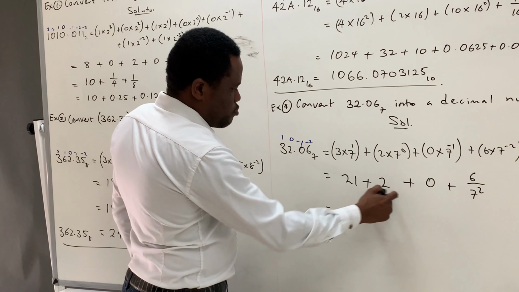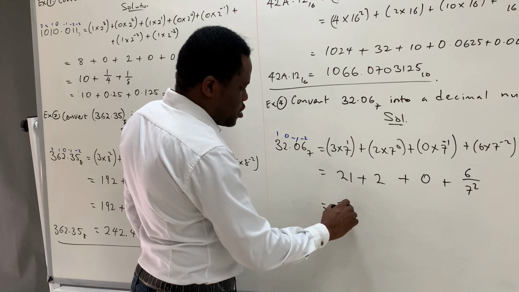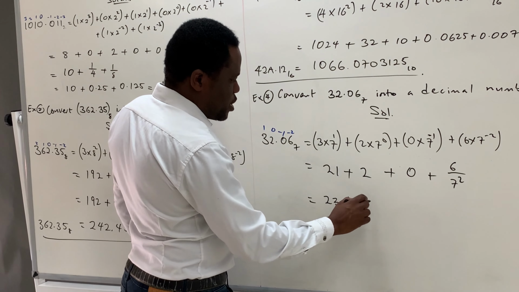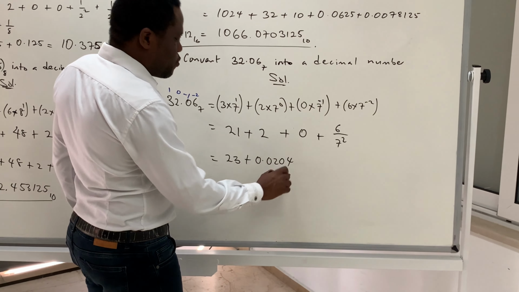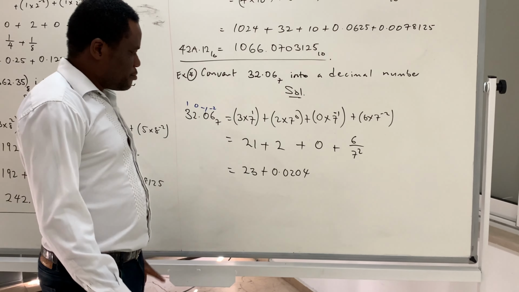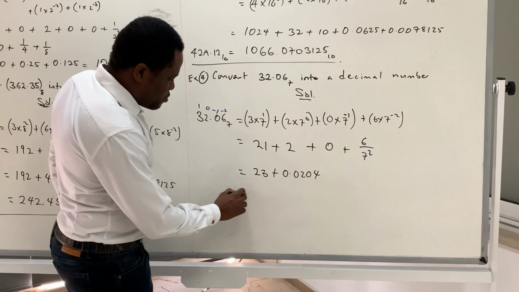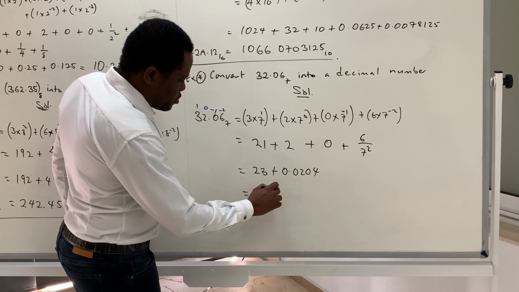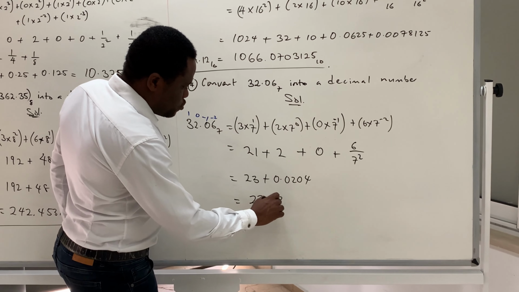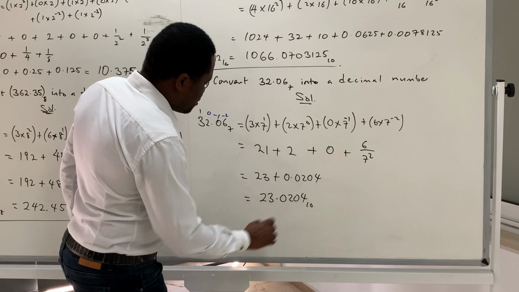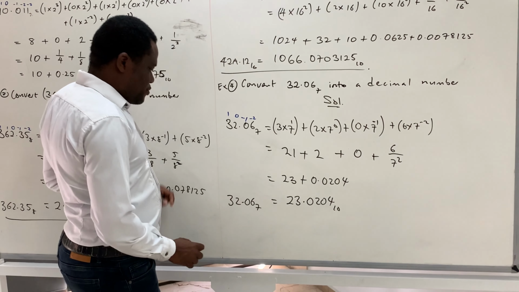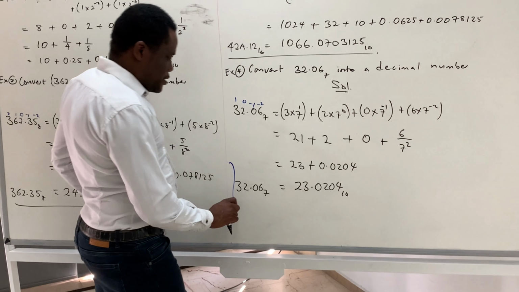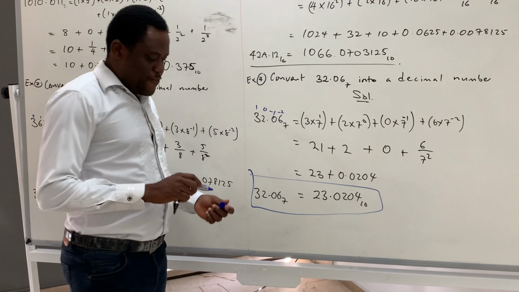So this one will be 23 plus 0.1224. You can use a calculator to check it. Add it together, we have 23.1224 in base 10 from base 7. And this is finished.